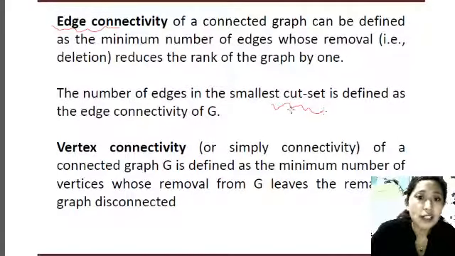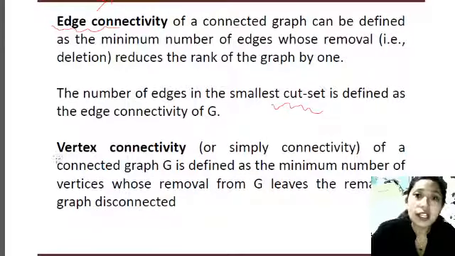As we have discussed previously, one graph can have many possible cut sets, and each cut set gives us a set of edges, removal of which will make your graph disconnected. Out of all the cut sets, the one having the minimum number of edges will give us the edge connectivity, and this edge connectivity is nothing but a number, that is the number of edges, removal of which will make your graph disconnected.